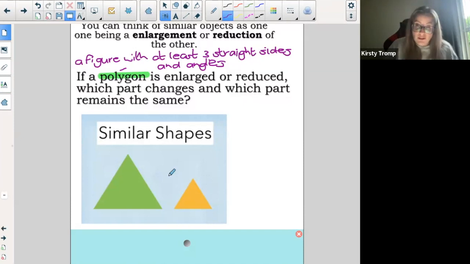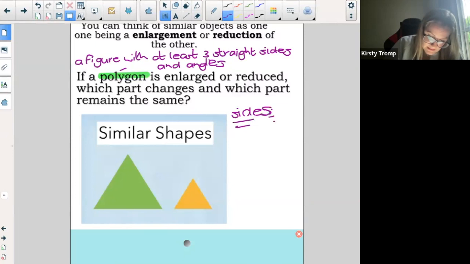So in similar shapes, the sides will change. But what will stay the same, whether I enlarge it or whether I reduce it?